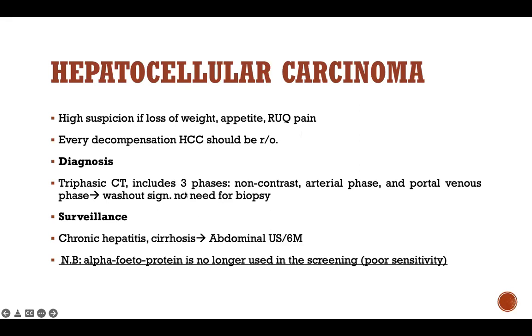For diagnosis, the only cancer that can be diagnosed without a biopsy is hepatocellular carcinoma, with the triphasic CT scan. Alpha fetoprotein is no longer used for screening or surveillance because of poor sensitivity. We use it just for follow-up of treatment.